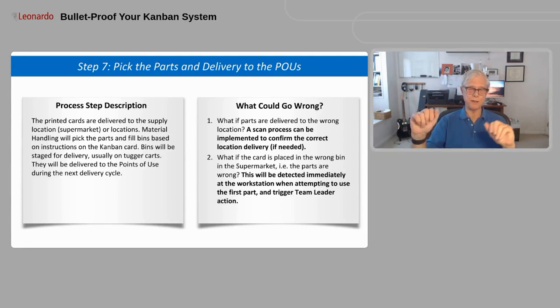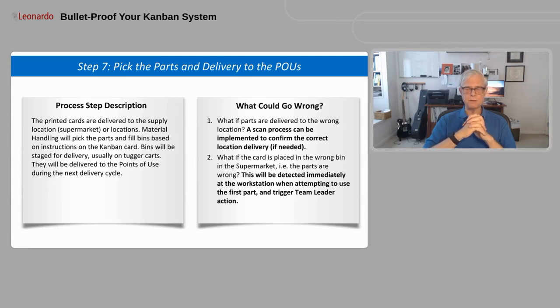In other words, a barcode on the flow rack, you scan the card, scan the location, and get a go or no go if that's in the right place. That is something you can do if that's truly a concern.